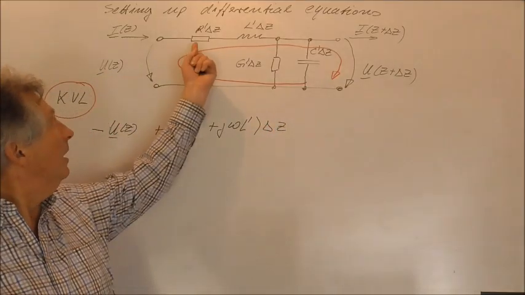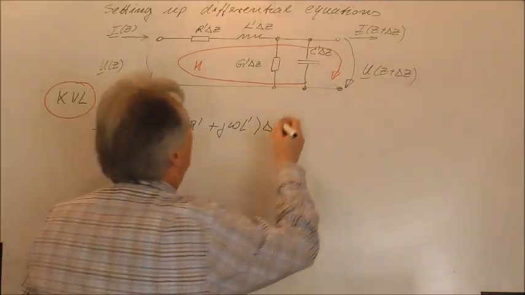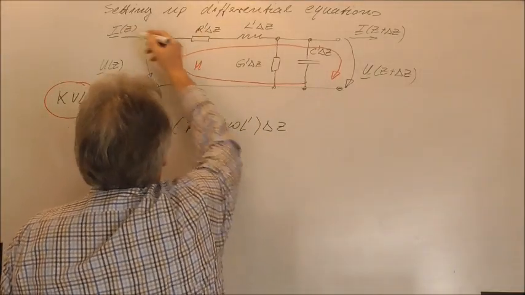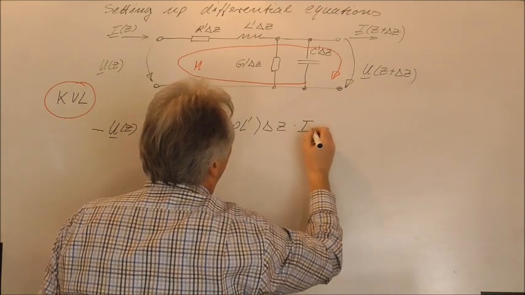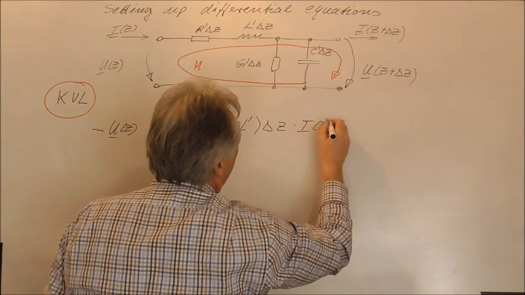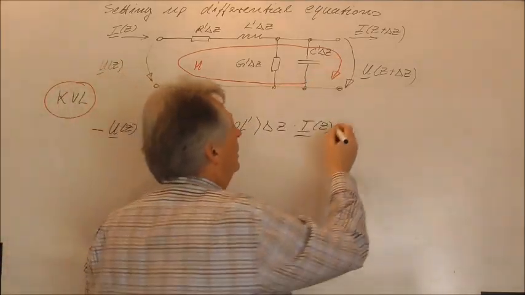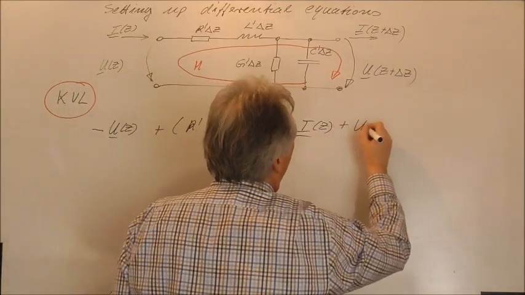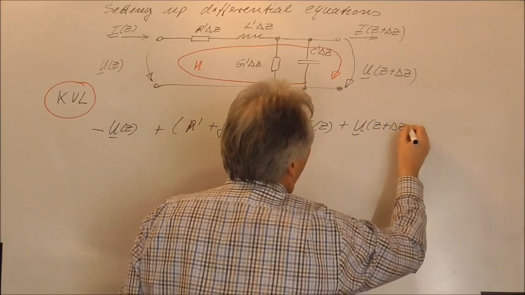This will be the impedance of these series elements, and of course you see here the current I of z is flowing through these elements, so we have to multiply with I of z, and we have to add here the voltage plus u of z plus delta z.